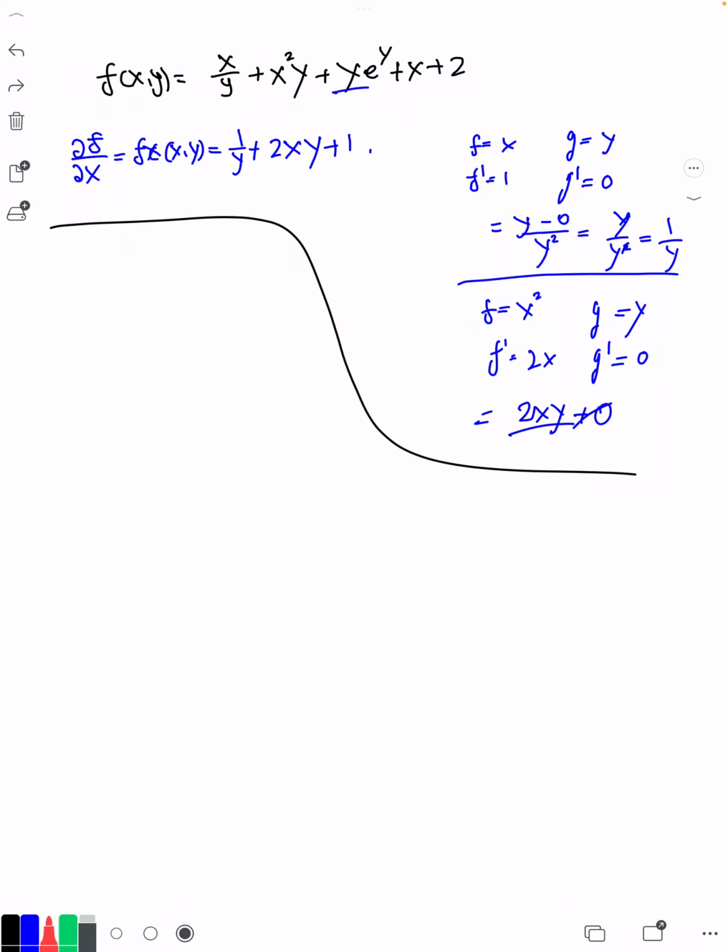So now let's derive based on y. Okay, so I'm going to have again the quotient rule. F is x, g is y, f prime is going to be 0 now, and g prime is going to become 1 because we're deriving based on y.